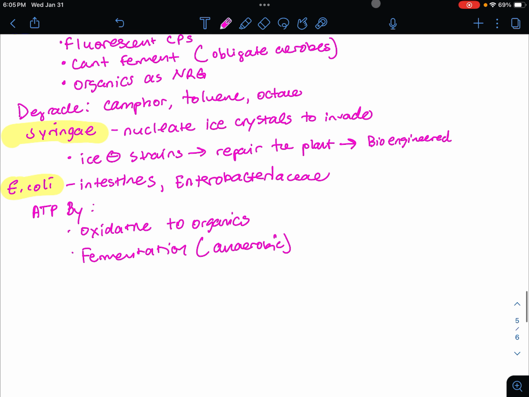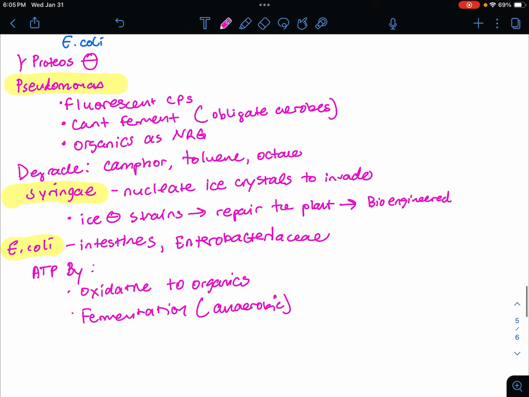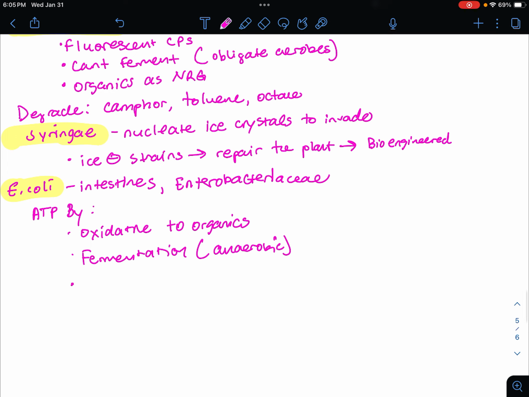We could use E. coli. The big deal with E. coli is that you could use them to produce proteins using recombinant DNA technology. Some proteins that have been used for this would be the insulin, as well as growth hormones.